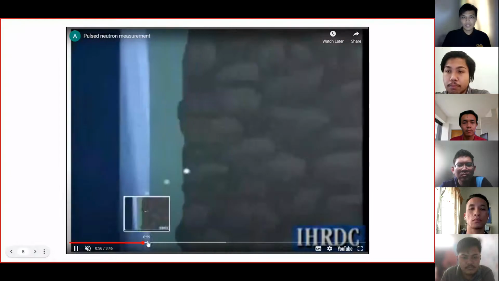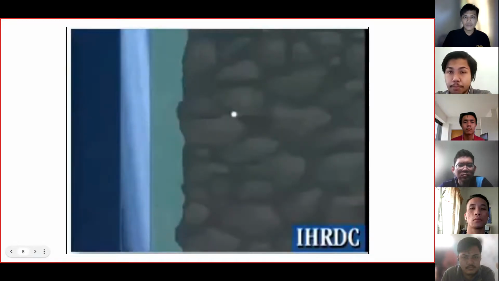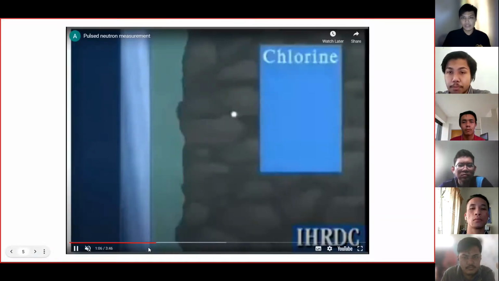At the state of thermal neutron, it will interact with the atoms in the formation and produce the gamma ray, which will be detected by the detector.